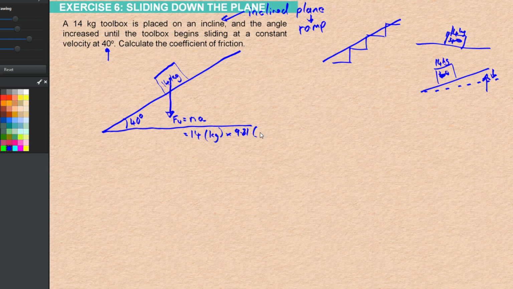Before we go from kilogram meters per second squared into newtons, if it's not in kilograms or the acceleration isn't in meters per second squared, you can't say it's equal to a certain number of newtons until you do your unit conversions. So keeping the units with it is a good idea from just the start of solving these problems.